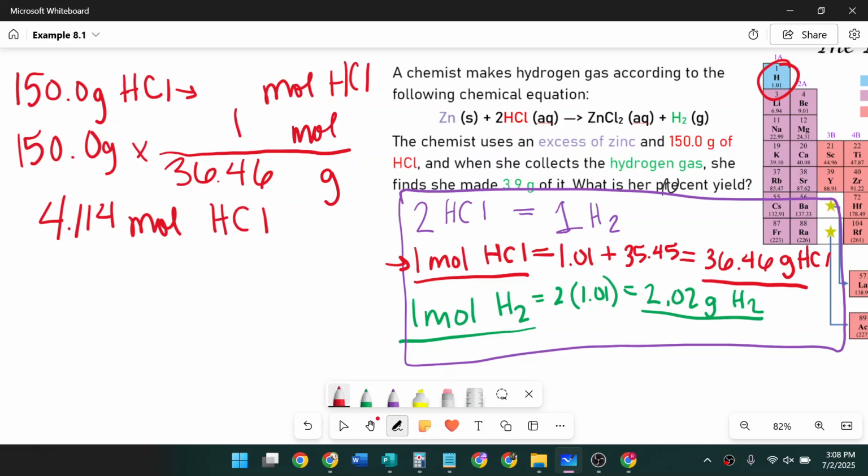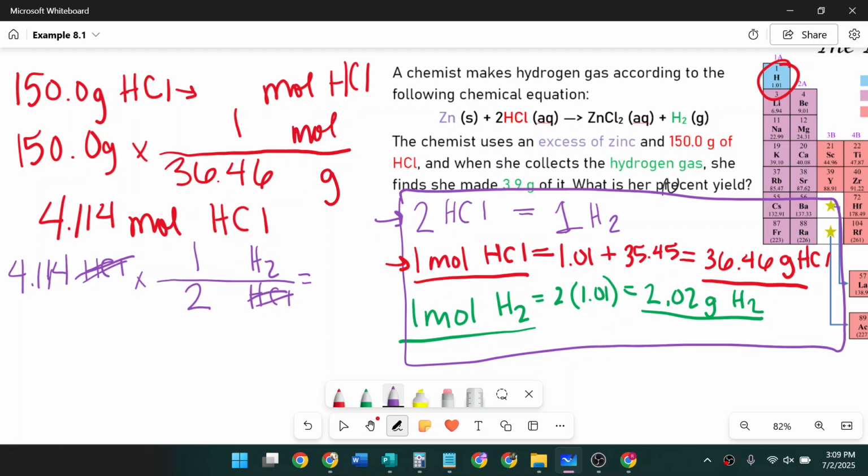Now to figure out how many moles of H2 she got, we're going to need to use our conversion relationship here to convert moles of HCl to moles of H2. So 4.114, that's moles of HCl. I'm leaving out the word moles here, but I'm writing the elements so I can keep them straight. So 2 goes with this one, 1 goes with this one, and those will cancel out.